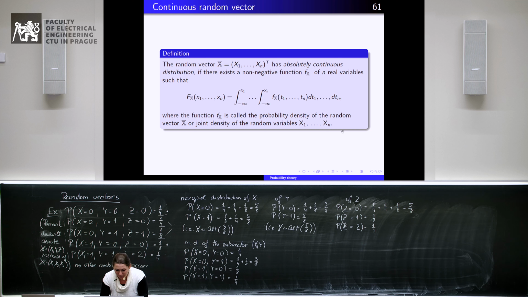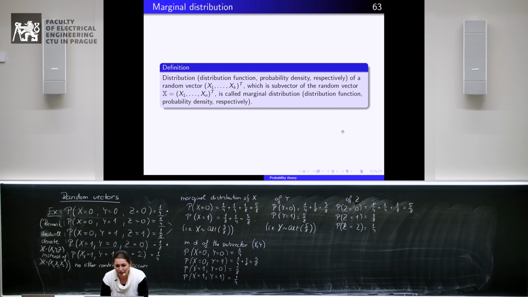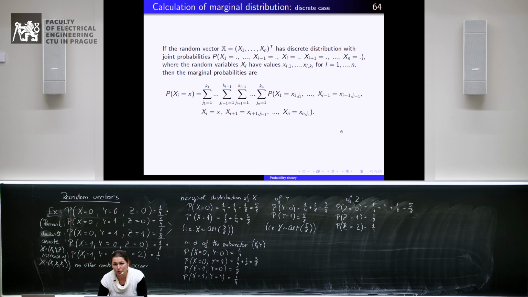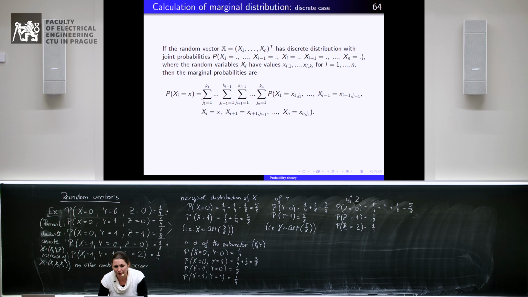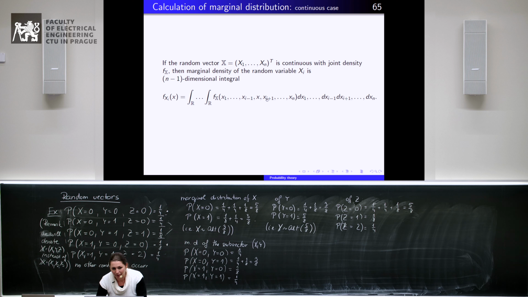And of course, when we derive the marginal distribution, we use our typical approach. The sum is replaced by the integral. The probability is replaced by the density. So it means that when we want to derive the density of the ith item, of the ith random variable, the approach is using the integral instead of the sum, using the density where the ith item, the ith variable is fixed.